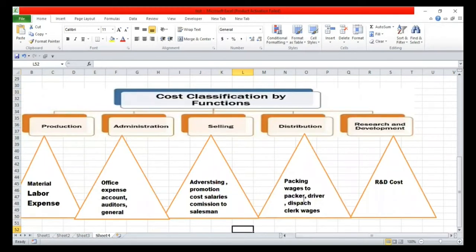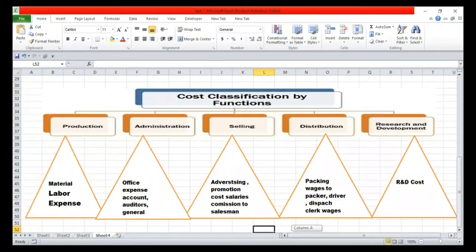As I said earlier, from purchasing raw material from our supplier to delivering finished goods to our customer, we incur some costs. Here we divide this whole cost into 5 functions. The first function is production cost. Production or manufacturing cost is the cost incurred during the production process. These costs consist of 3 main elements: material cost, labor cost, and third, other expenses.